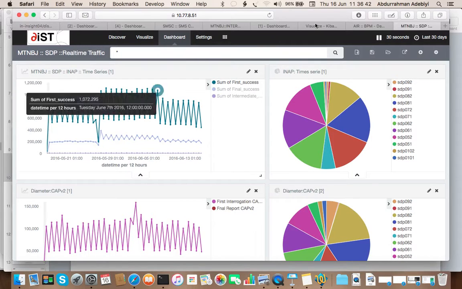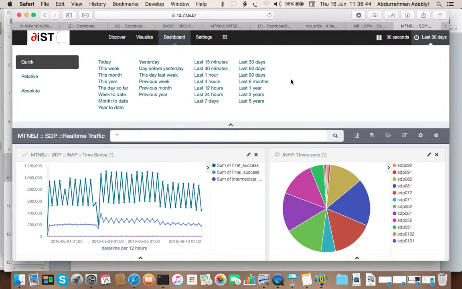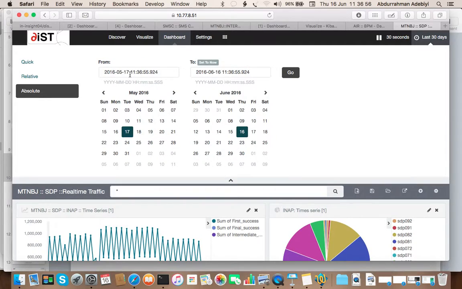But maybe to be able to look into that, let's check over the period of, let's say, the same period in May. Oh, sorry, should I say between April?